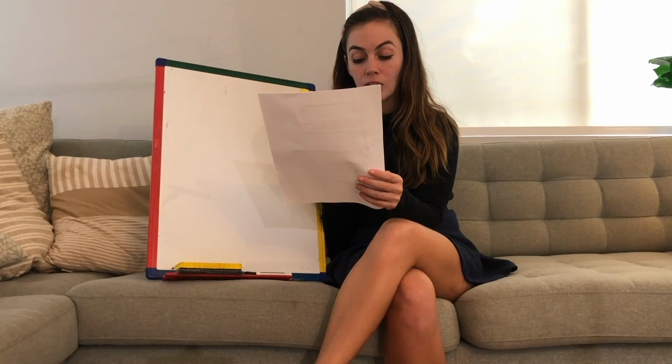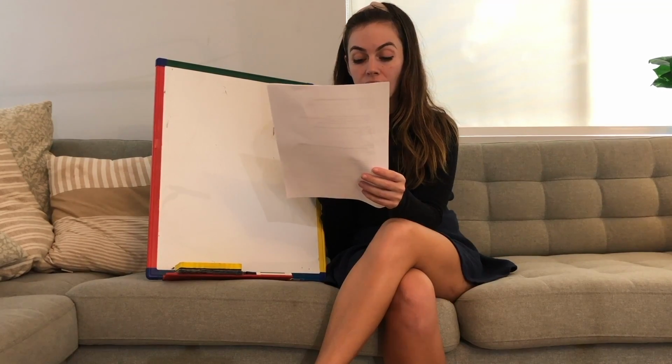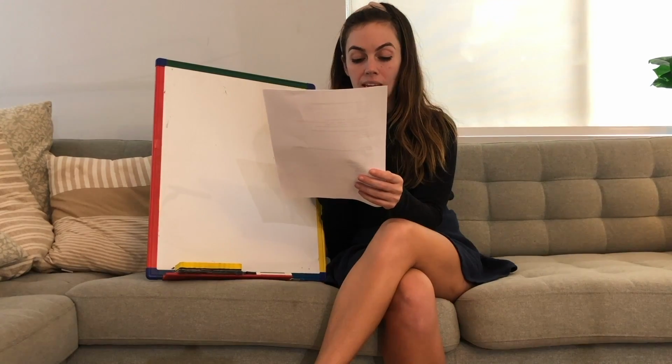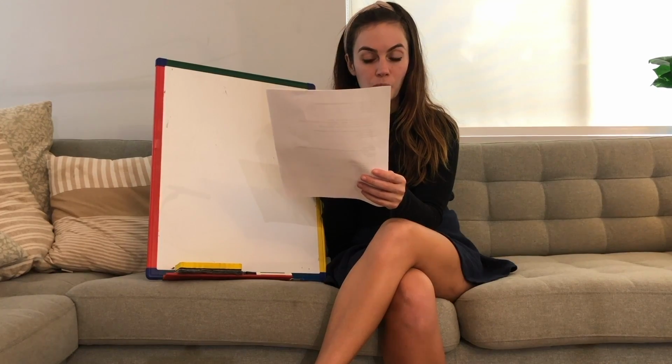Okay, ready? Number 11. Which is not one of the reasons or parts of the Declaration of Independence? A, natural rights of mankind: life, liberty, and pursuit of happiness. B, wrongs of King George. C, USA is born. D, all were parts of the Declaration of Independence.